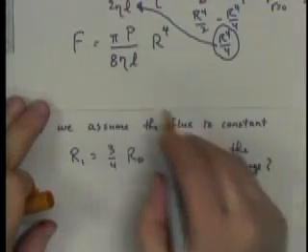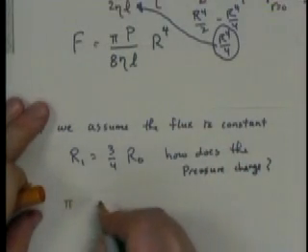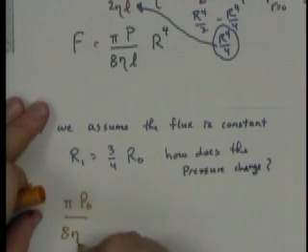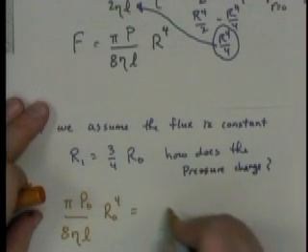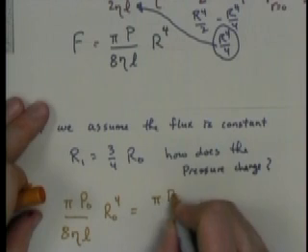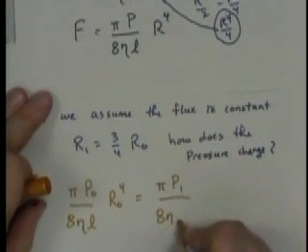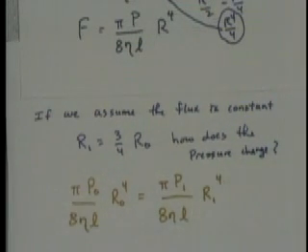So if F is constant, then when I put in my initial values, pi P naught over 8 eta L times R naught to the 4th has to equal pi P1 over 8 eta L times R1 to the 4th, if the flow is constant.